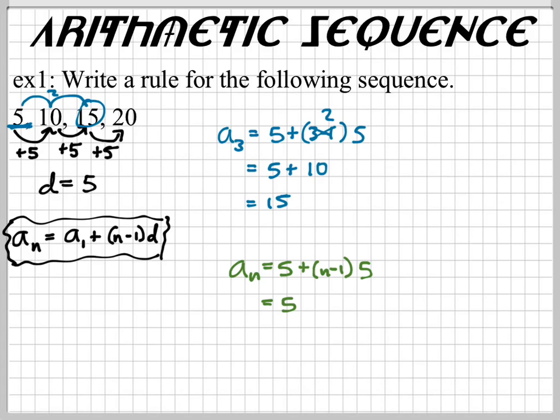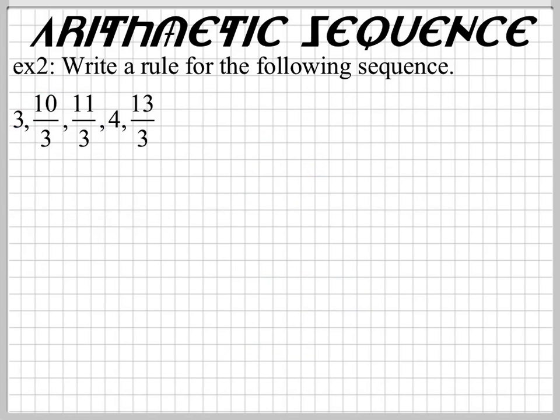So we have 5 plus 5n minus 5. We get a sub n equals 5n. That should look familiar. Some of you are thinking, why would I have to do all this if I can see right away that it's 5n? Sometimes you get ugly ones like this, and you don't notice them right away.